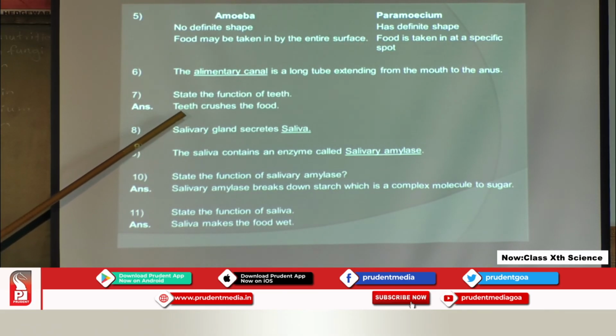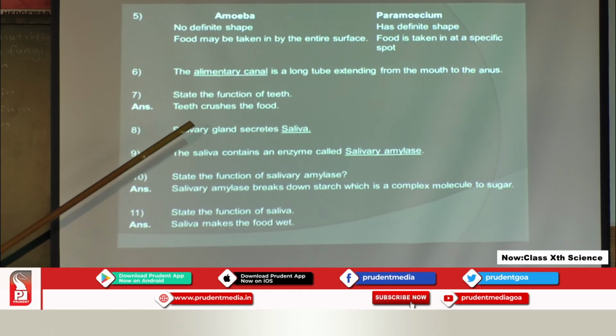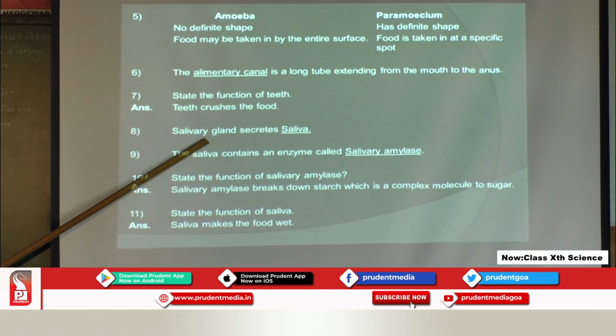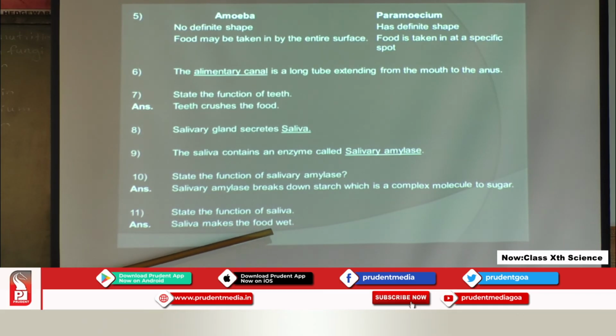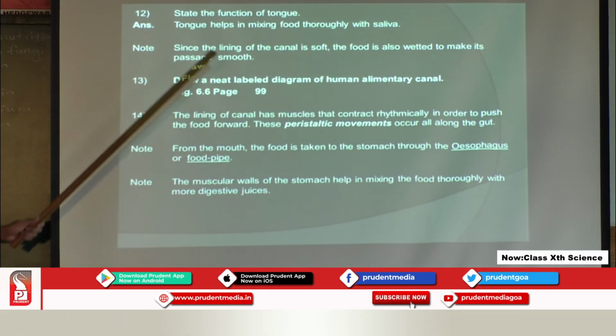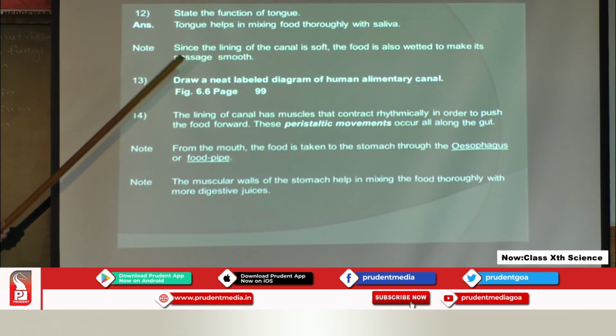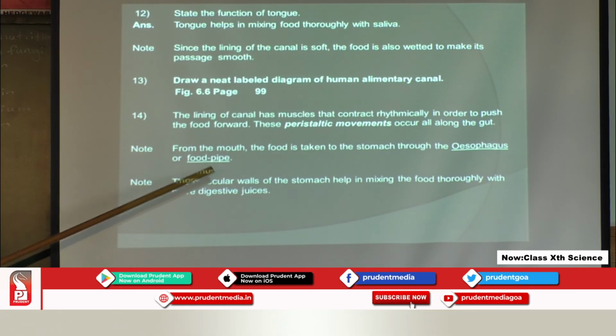Then we have seen the function of teeth, what the salivary gland secretes, which enzyme is present in saliva, the function of salivary amylase, and the function of saliva also. Saliva makes the food wet. Function of the tongue, and the diagram of the human alimentary canal, as I said before, can be asked in the examination.